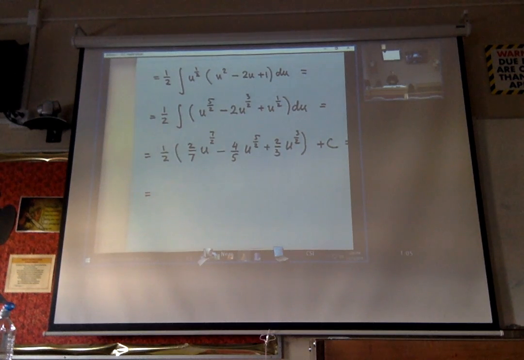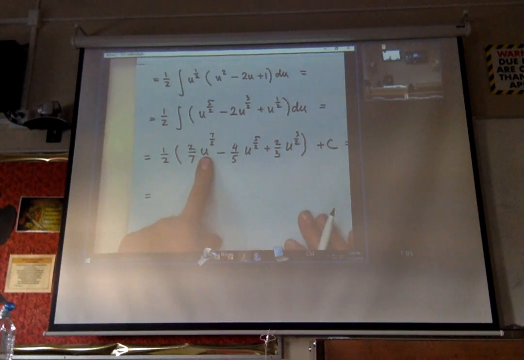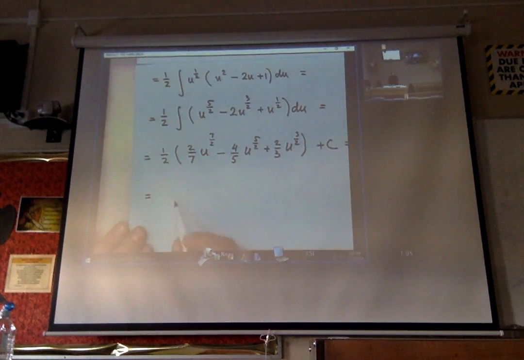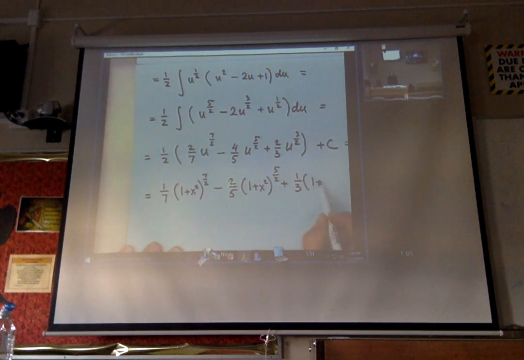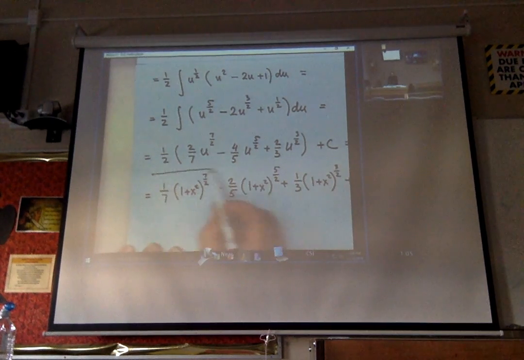Do you understand that? I'm going to distribute 1 over 2, and then get rid of u, going back to my substitution. So, here I'll have 1 over 7, 1 plus x squared to 7/2, minus, remember we're doing 1 over 2, okay? Minus 2/5, 1 plus x squared to 5 over 2, plus, again, times by 1 over 2, so we'll have 1 over 3, 1 plus x squared to 3/2, and plus c. And that's the answer.